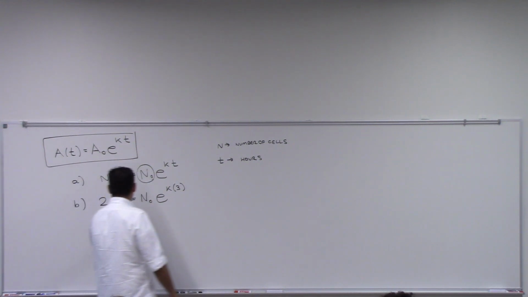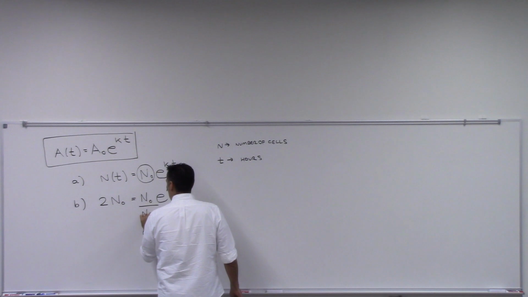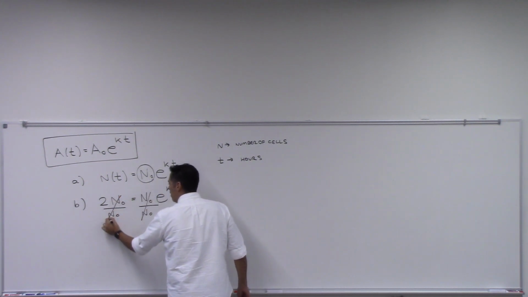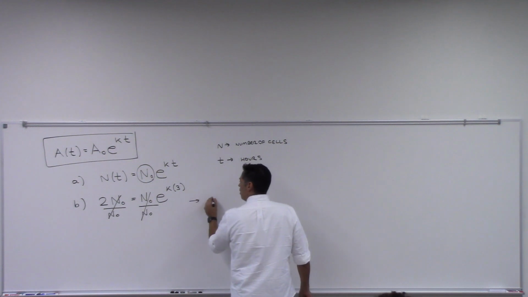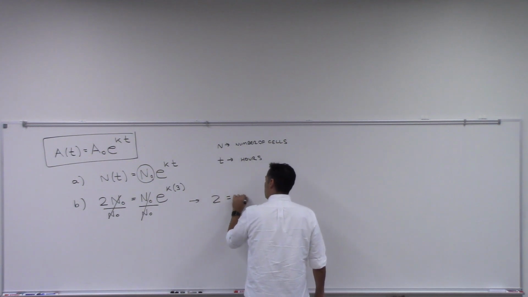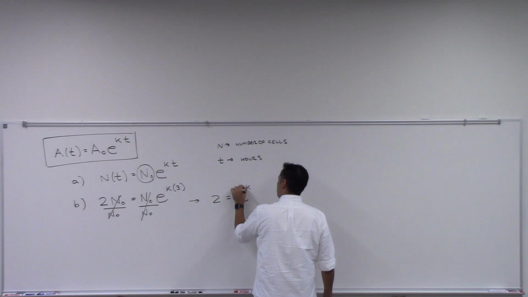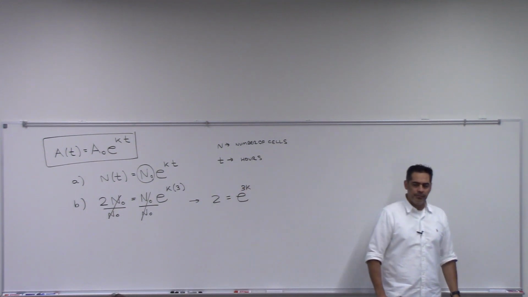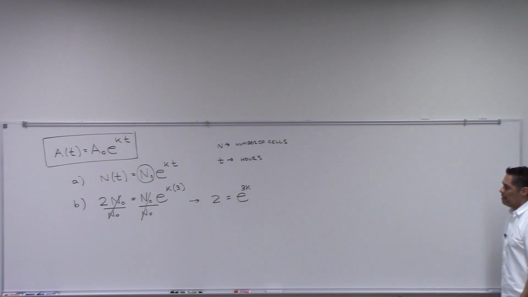So I'm going to divide both sides by N naught, even though I don't know what it is. It goes away here and it goes away there, and that leaves you with what? 2 equals e to the 3k. I'm going to write 3k instead of k times 3. That's the same thing, right? Isn't that convenient?